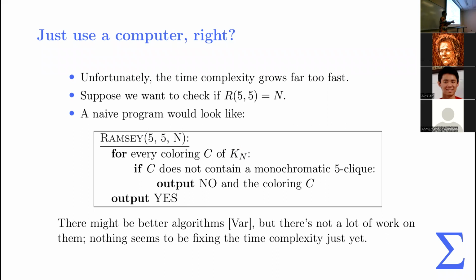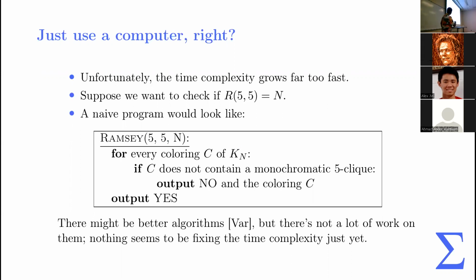Remember that if we find a coloring that doesn't have a monochromatic clique of the size that we want, that's a counterexample to our theorem. And you just need one counterexample to say the Ramsey number is not this number. And if we check every single coloring and they all have our monochromatic clique, we're good.